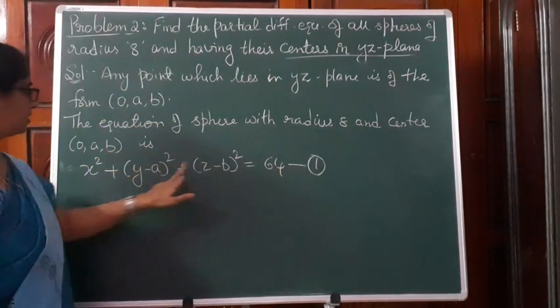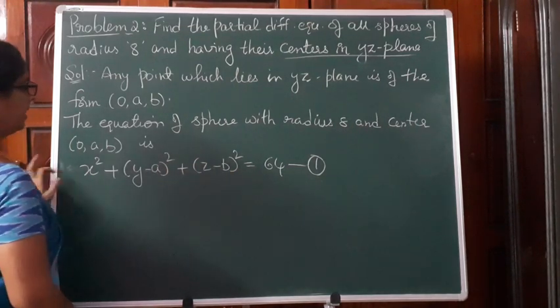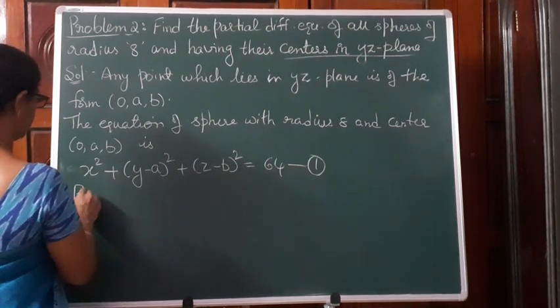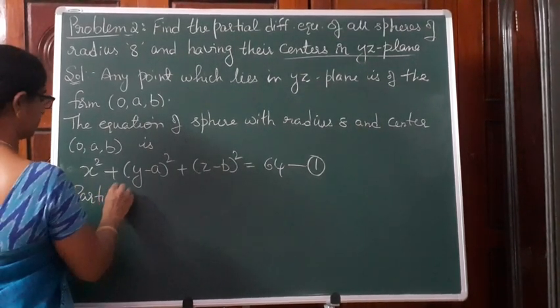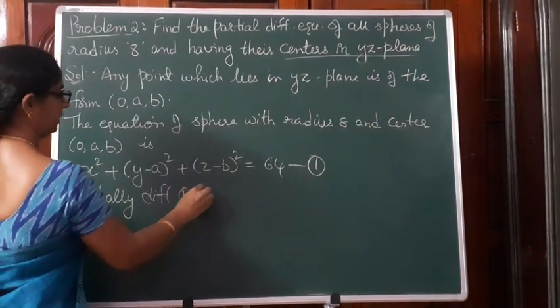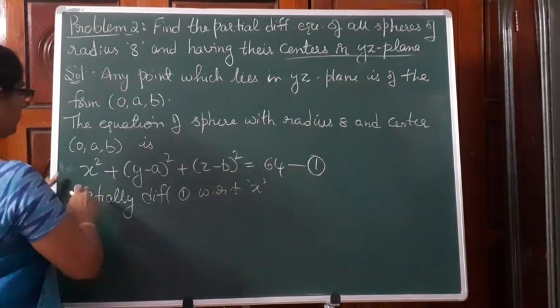Here we have two arbitrary constants a and b. Now we eliminate a and b by finding the first order derivatives. Now partially differentiate 1 with respect to x. Then what do we get?